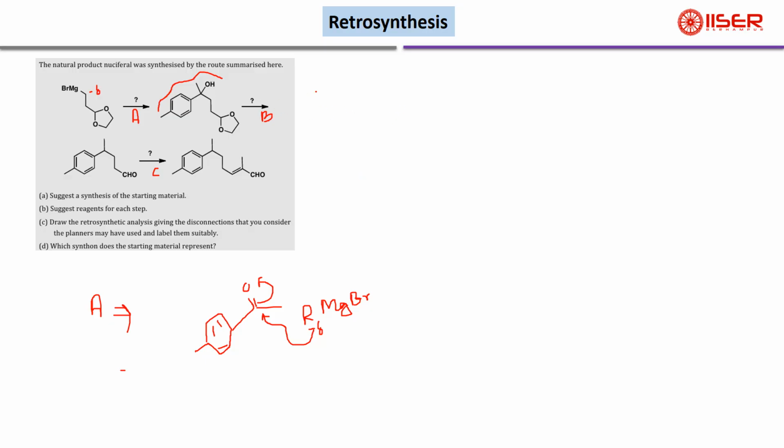In this one, if you add H plus, this OH will be removed and a double bond will be created here, and this acetal protection group will be deprotected. So we will get this type of compound.